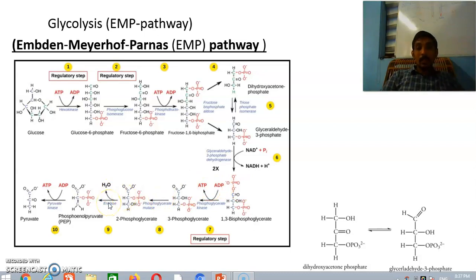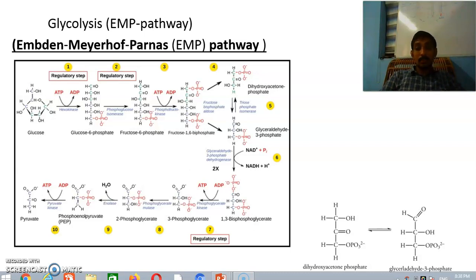In the ninth step, no ATP, only two water molecules get released. That ninth step reaction, 2-phosphoglycerate into 2-phosphoenol pyruvate, is mediated with the help of an enzyme known as enolase, which removes two water molecules from two molecules of 2-phosphoglycerate and we get two molecules of 2-phosphoenol pyruvate, PEP.